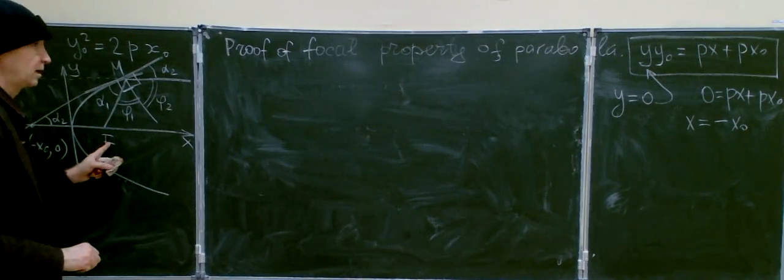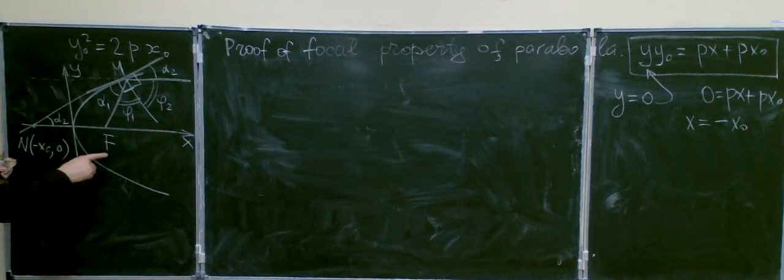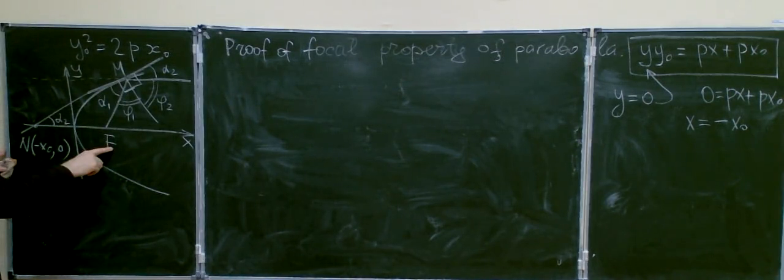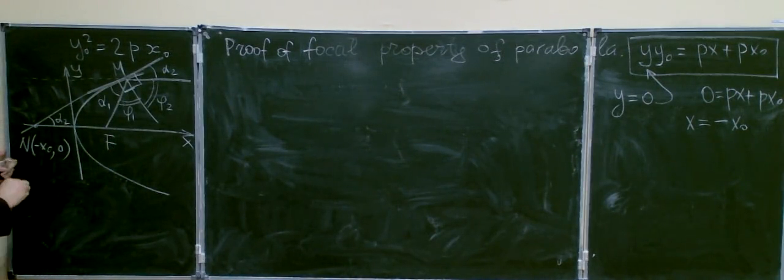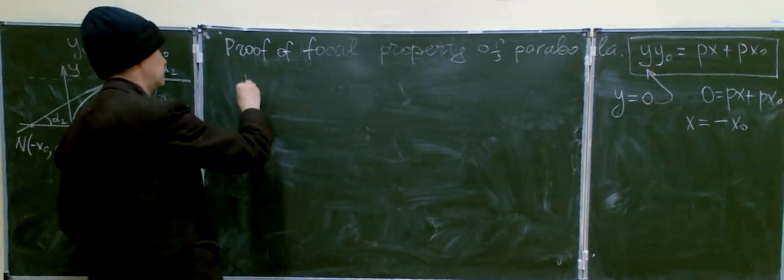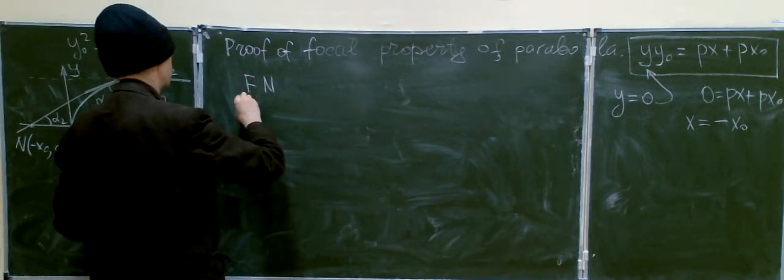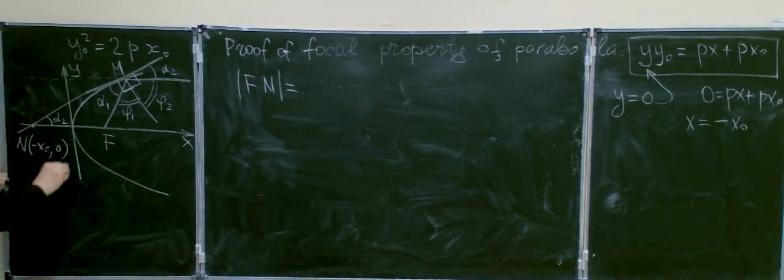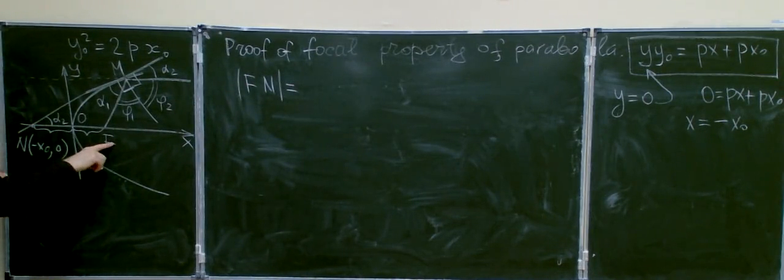Then our goal is to prove that FN is equal to FM. Let's calculate the distance from F to N. The distance FN is composed of two parts. This part and this part. Here, this point is the origin, and this distance from the origin to the focus is equal to p over 2.